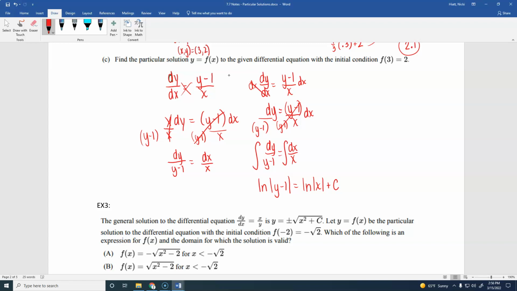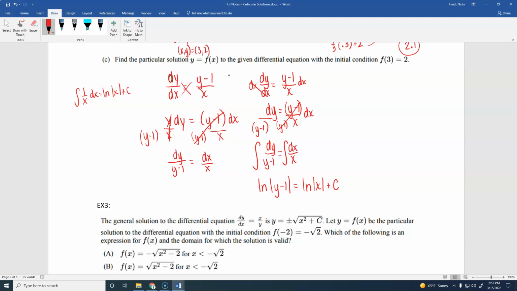You can put c's on both sides, but because they can be combined into one single unknown value, I usually just put it on one side. It makes it much easier to complete the problem. The integral of 1 over x is natural log of the absolute value of x plus c.